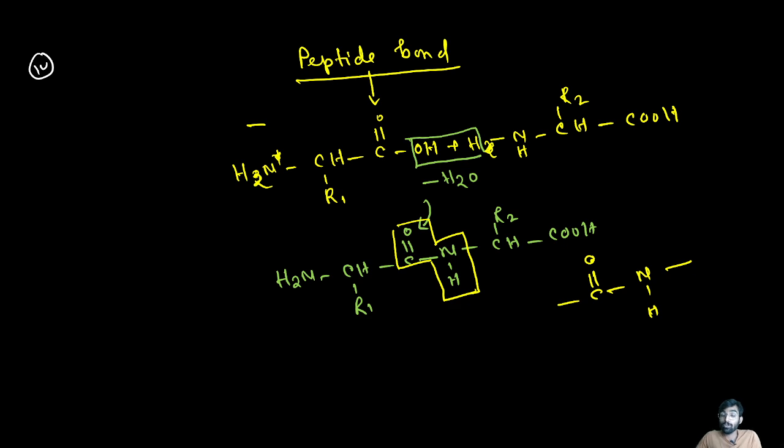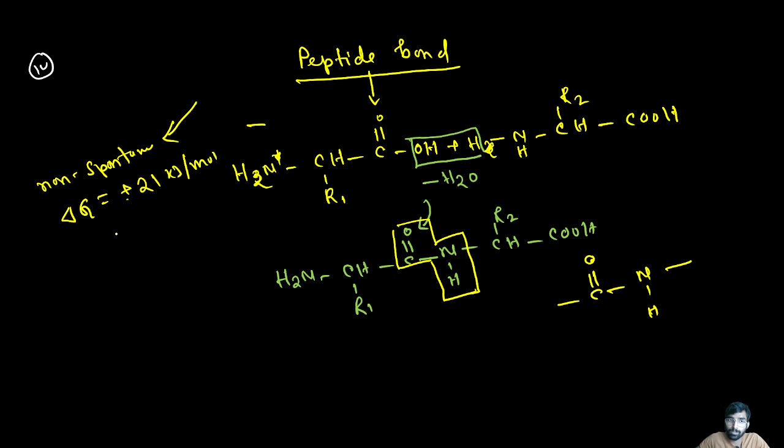Like that, the ribosome does the same thing, and there is a lot of GTP energy expense. So the peptide bond formation is non-spontaneous, delta G equals plus 21 kilojoule per mole. As delta G is greater than 0, it's non-spontaneous.